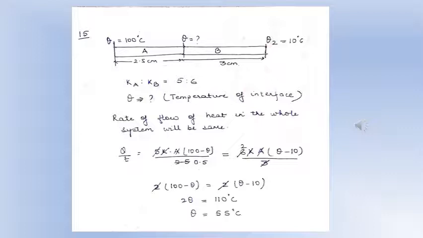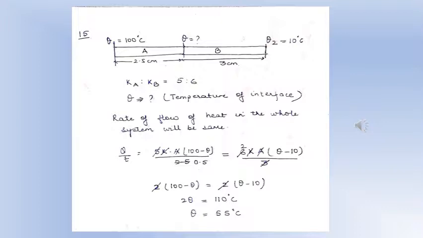Now, as the rate of flow of heat in the whole system will be same at steady state, therefore Q upon T for A will be equal to Q upon T for B. So substituting the values of Ka, theta 1 minus theta 2 and L for A and B, we get the relation 5K A (100 minus theta) upon 2.5 is equal to 6K A (theta minus 10) divided by 3.